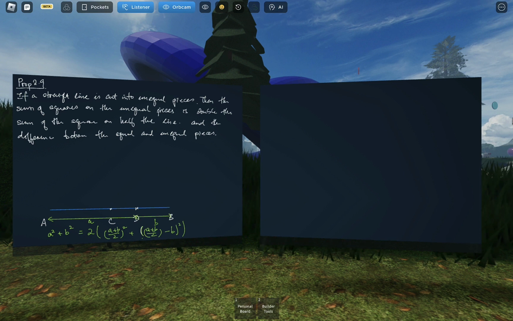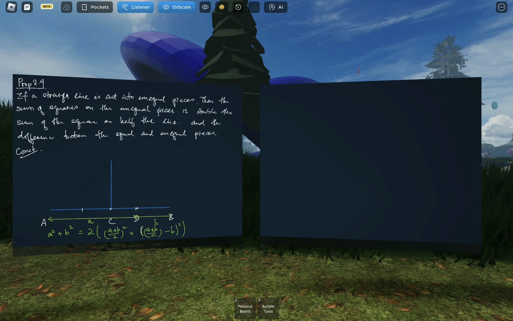And the construction that goes into proving this goes as follows. So I'll do the construction next. So there's the statement. The construction goes like this. We're going to put a line from C that's perpendicular to AB of the same length as AC.